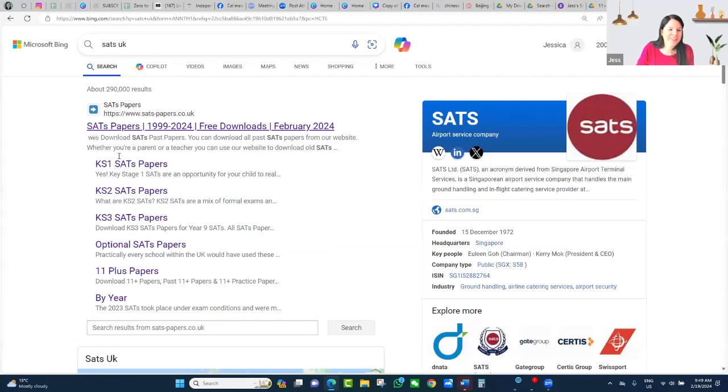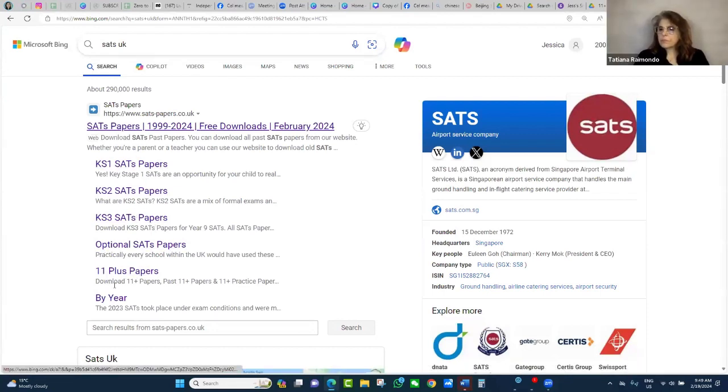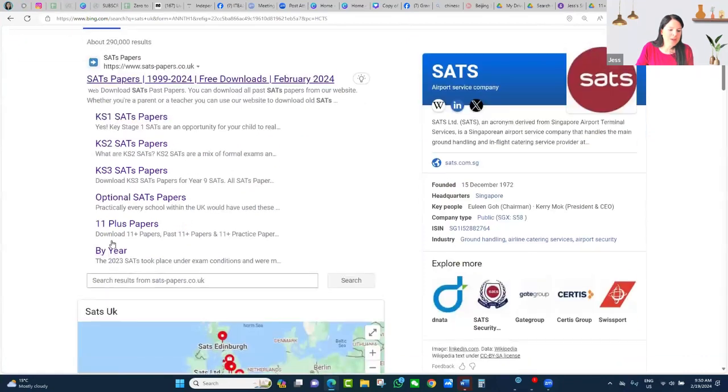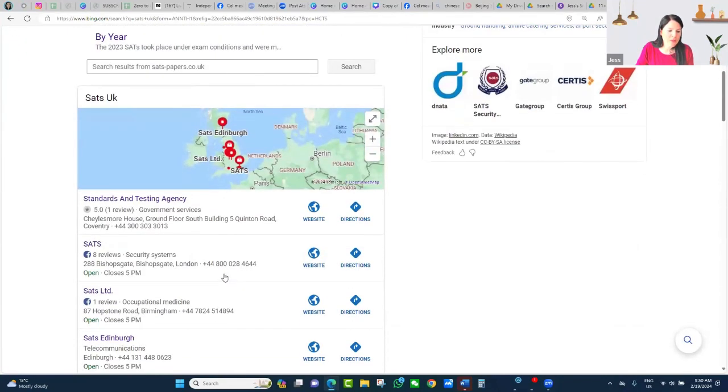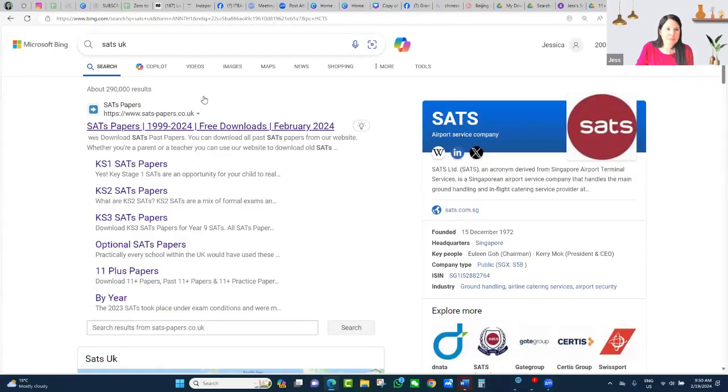Yeah, I know it's different. Sorry. So this is for the UK. You can see UK SATs papers. Okay, it's a UK exam. Got it. So that's a UK thing for when they're in year 6. Yeah, and you've even got 11 plus papers there. Okay, all right, anything else?